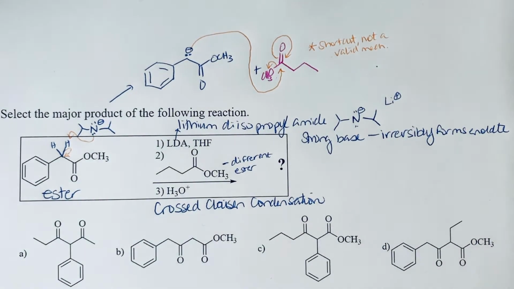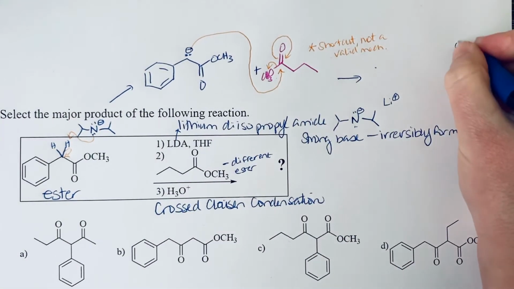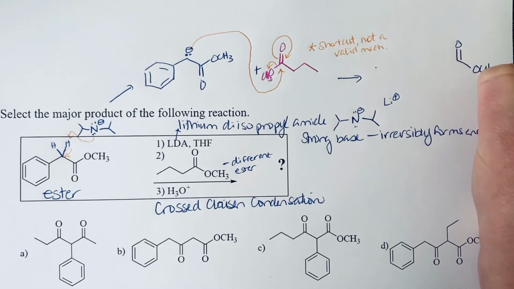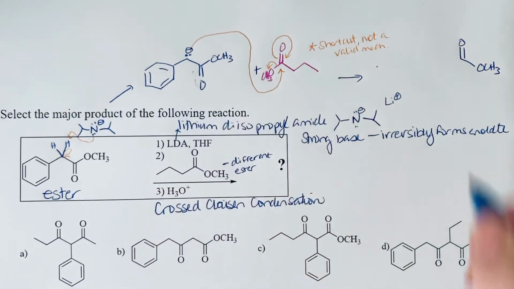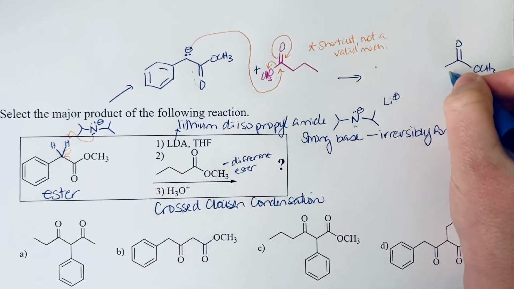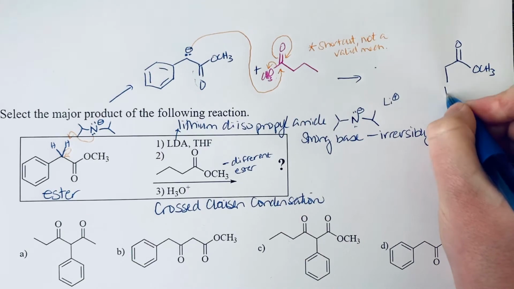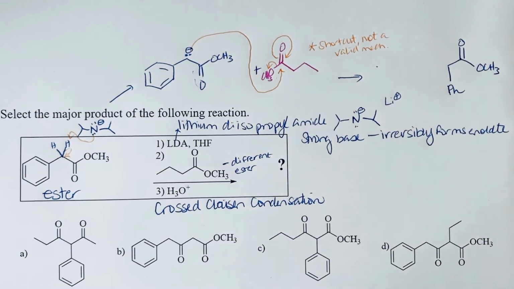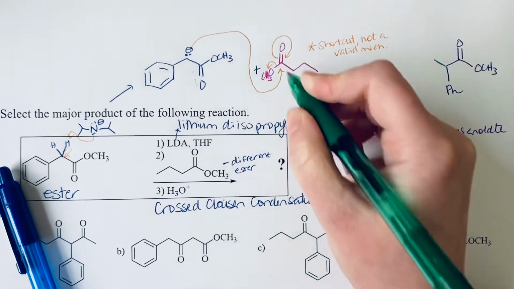And so this is going to show us what we have brought together. So we've got the attacking enolate, and you can see that in the product because it's still going to have the ester portion. And so there's the alpha carbon. So I'm going to angle down from the alpha carbon, and we've got this benzene ring. So we'll just say phenyl. Here's our new bond right here between the alpha carbon and this carbonyl.